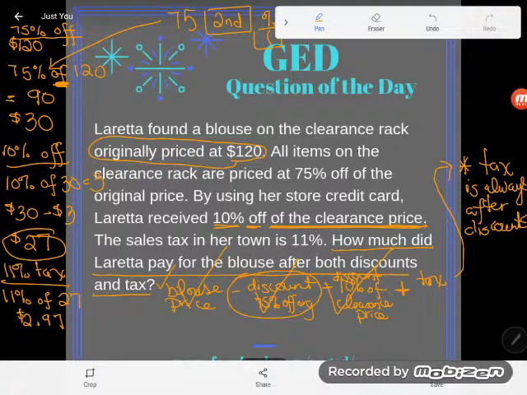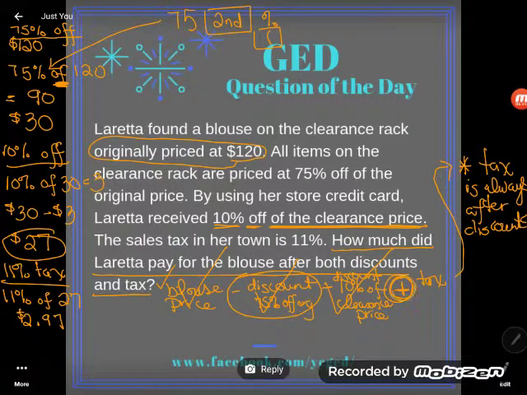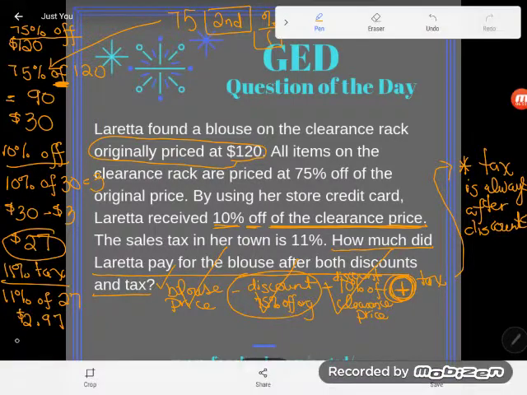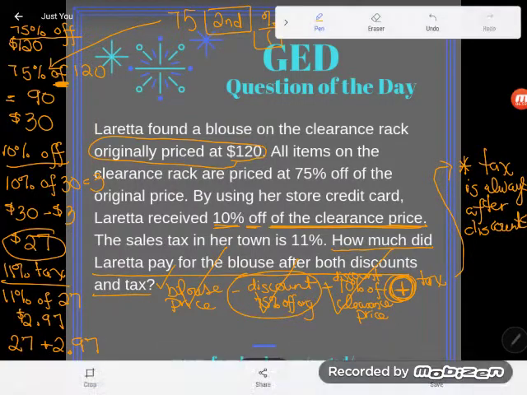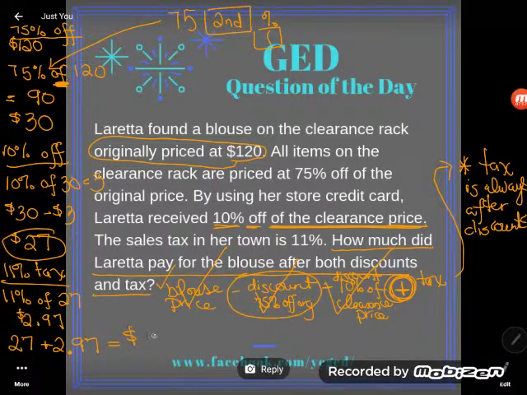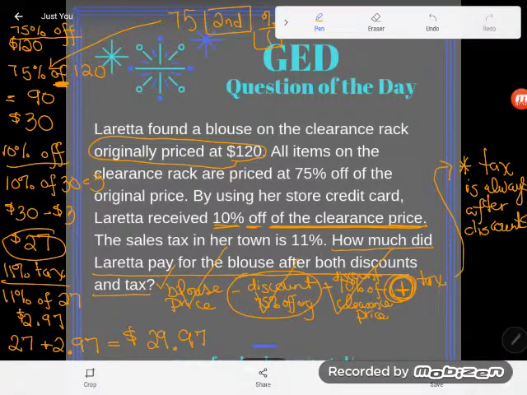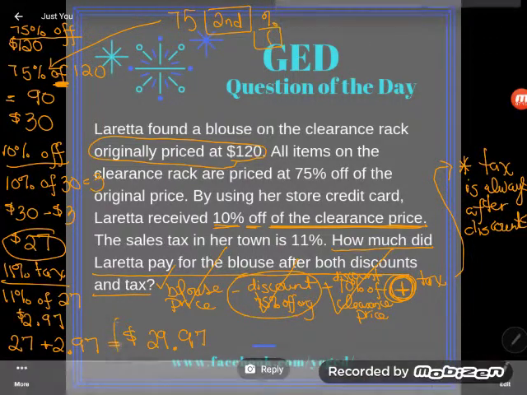So what happens with tax? Well, we said tax gets added on to the cost of the blouse. So let's take that $27 blouse, let's add on the $2.97 tax, and we are going to get, I think, $29.97. But because I'm slow and sick today, we'll do it in our calculator too. Indeed, $29.97 after both of the discounts and the taxes accounted for.